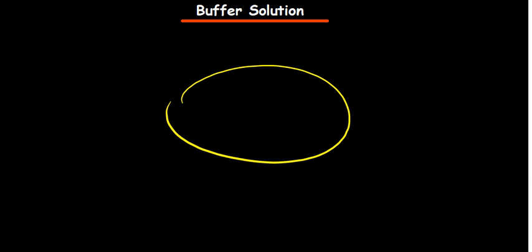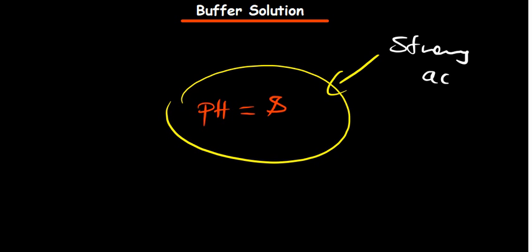The basic idea is if you have a buffer solution, let's say this is our solution, and it has a pH of, let's say, 8, and then we decide to add a strong acid. We do know that a pH below 7 tells us something is acidic, so we expect that after adding a strong acid, our pH is supposed to be lower, somewhere to 2.